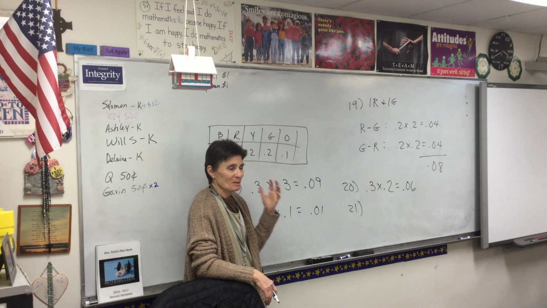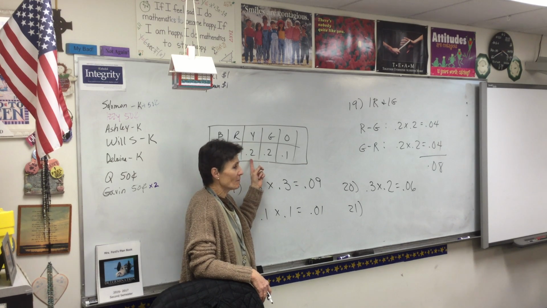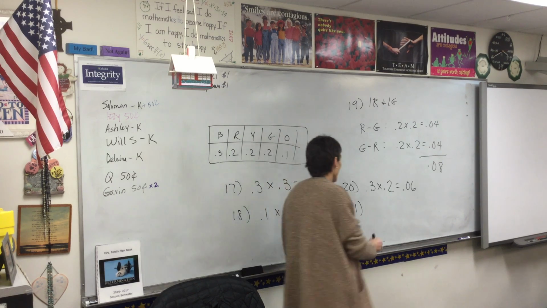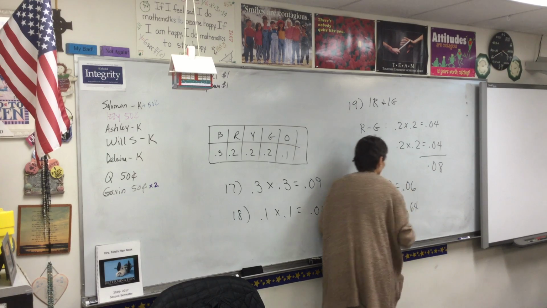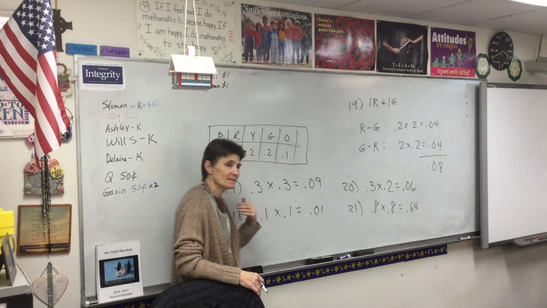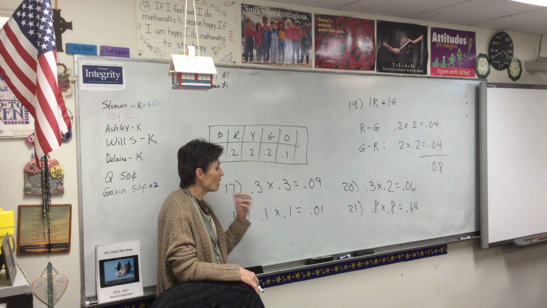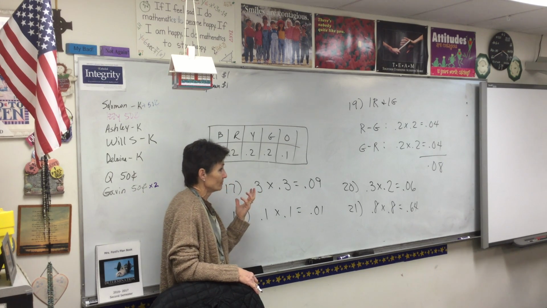Thank you. What's the probability of being yellow? 0.2. So the probability you're not yellow is 0.8. So I want both of them to not be yellow. So I will multiply 0.8 times 0.8. If there's a 20% chance you're yellow, then there's an 80% chance you're not yellow.